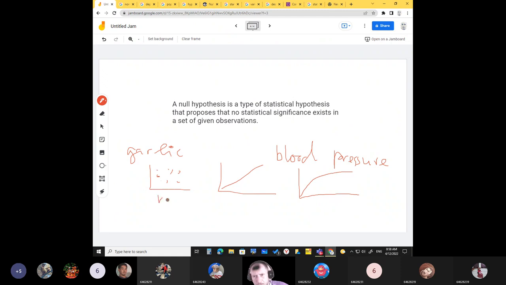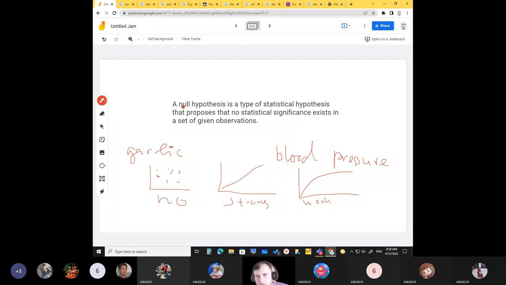So nothing happens. Strong relationship and weak. And it could be strong both ways. Garlic could increase your blood pressure or lower your blood pressure. And weak, again, weakly, it could be weak, right? Lowering or raising your blood pressure.